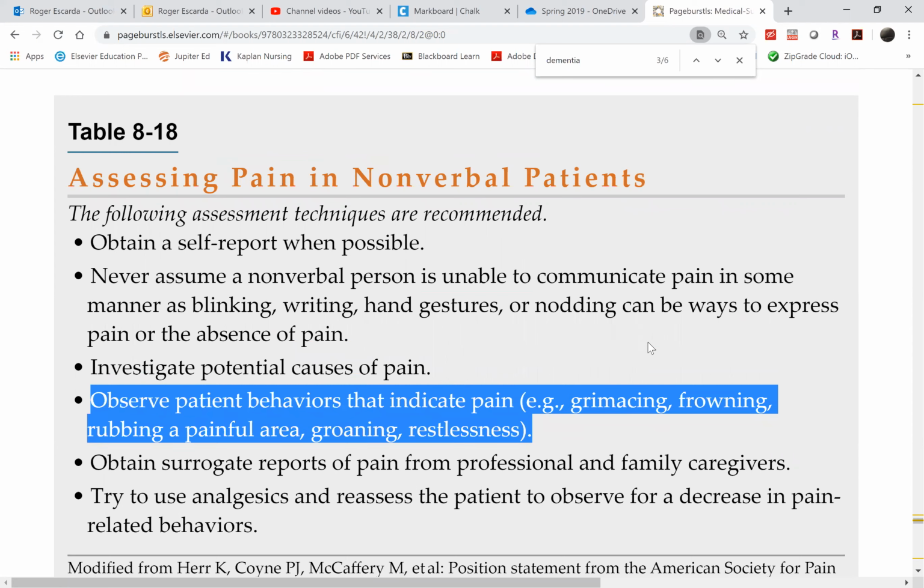What are your pain assessment techniques for marginalized populations, those who are unable to tell you that they're in pain, which we have a lot of in nursing homes, long-term care. These patients are very vulnerable to pain, and the problem is they're under-medicated or unmedicated. We don't know how to assess the presence of pain.